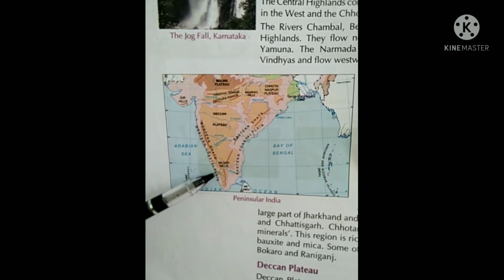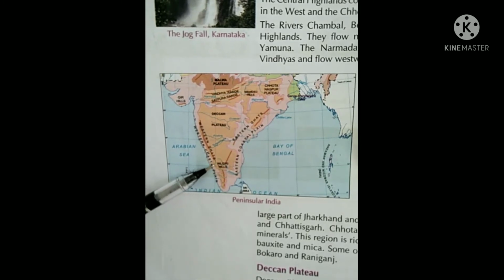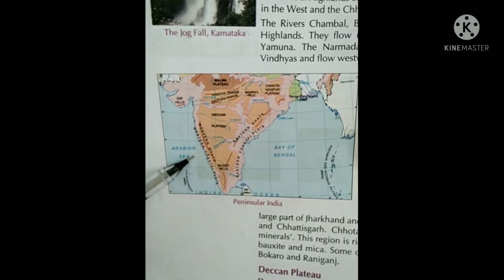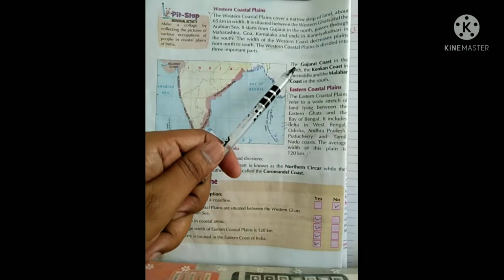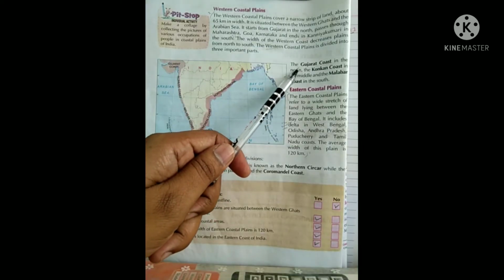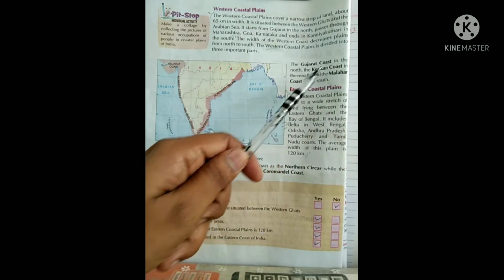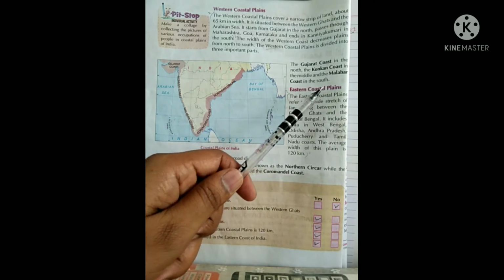The western coastal plain is divided into three important parts. That is the Gujarat coast in the north, the Konkan coast in the middle, and the Malabar coast in the south. You can see in this given map, this is what?